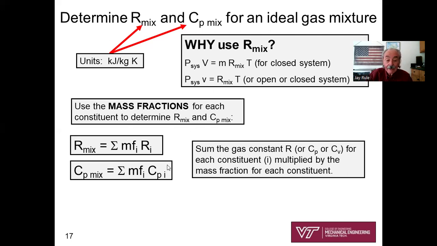And it's a simple matter to calculate R for a mixture, recognizing that the mixture ideal gas constant equals the sum of the mass fraction of each constituent times R for each constituent. Same thing for C sub P, sum of the mass fractions times C sub P for each constituent. That's the way you get R and C sub P for a mixture.